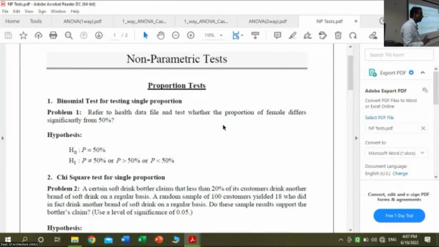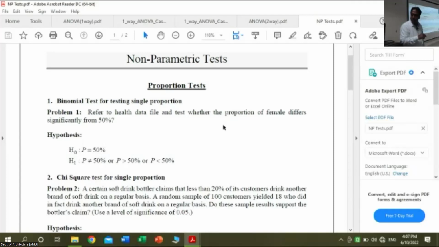तो अंडर H0 what will we write here, अंडर H0 will write P, capital P, that is population proportion. We generally denote capital for the population and small for the sample. So capital P will be equal to 50%. That means population proportion is 50%. Versus under H1 we will write P is greater than 50%. That means whatever we just observed in that population, that more than 50% are male here, so we can say 50%.